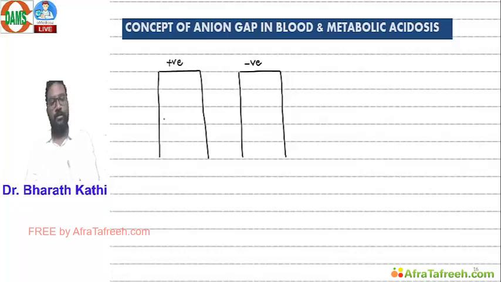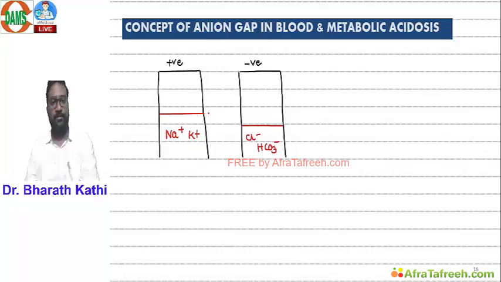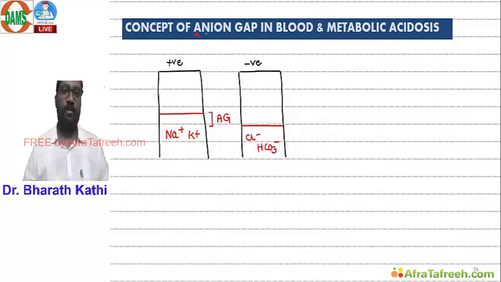But routinely bedside, what are the positives we measure? Na plus, K plus. Routinely bedside, what are the negatives we measure? Chloride, bicarbonate. In a normal individual, always between measured positives and measured negatives, there is a significant difference. That difference is called as anion gap, Ag.